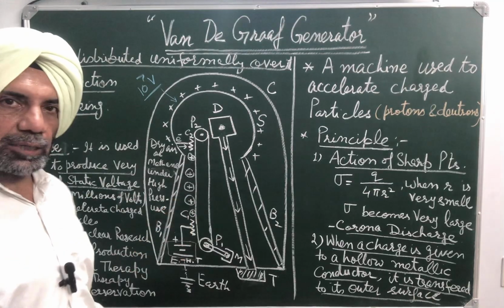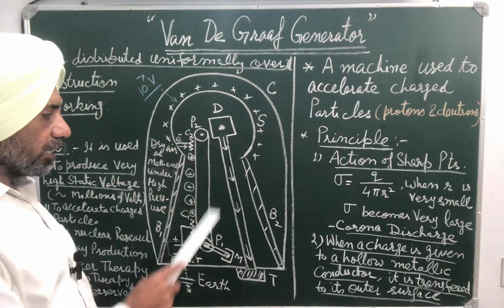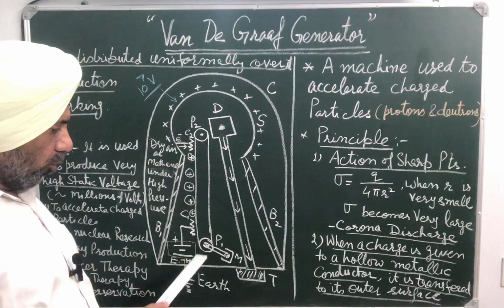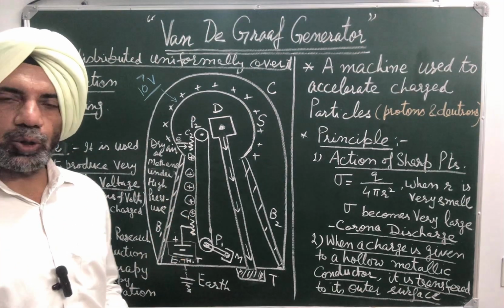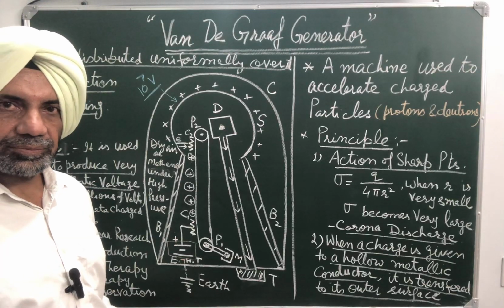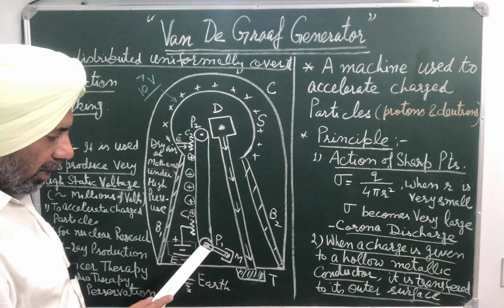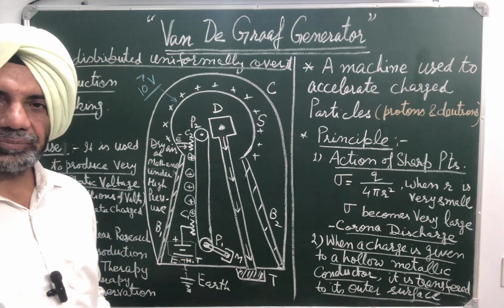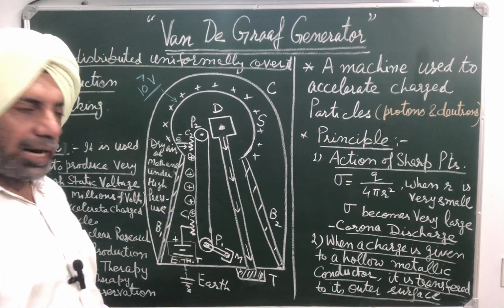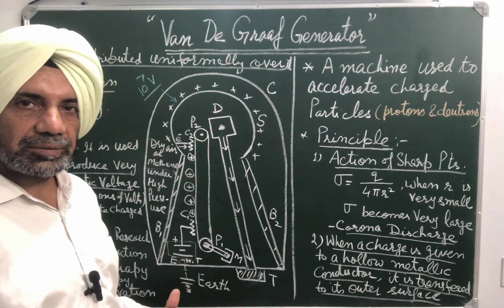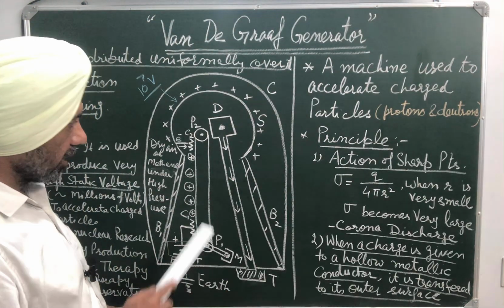P1 and P2 are the two frictionless pulleys over which an insulating belt is allowed to pass with the help of a motor M. C1 and C2 are two comb type conductors, pointed conductors.